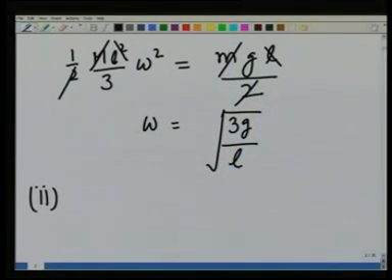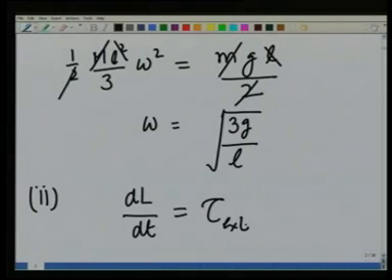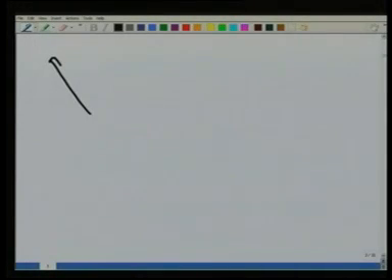The second way is by applying the equation dL/dt is equal to external torque, and let us apply that. Let the position of the rod be at an angle phi from the horizontal.